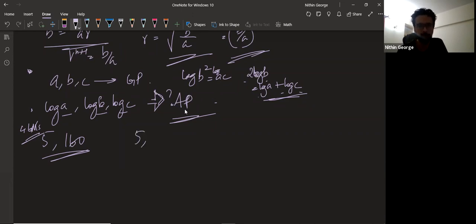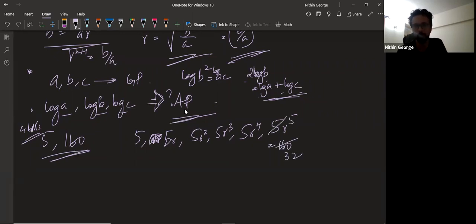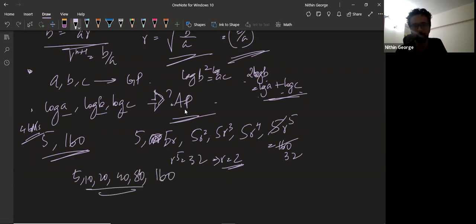So look at it this way: 5, and then 5R, 5R square, 5R cube, 5R per 4, and the last term will be 5R per 5, which comes out to 160. So cancel both out to give R per 5 equal to 32. Or what is the value of R? That will be 2. Okay, so we get R equal to 2 here. So the terms become 5, 10, 20, 40, 80, and then 160. So these are the 4 GMs.